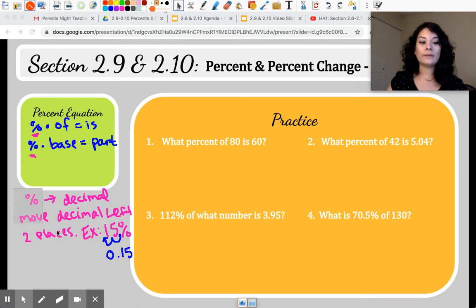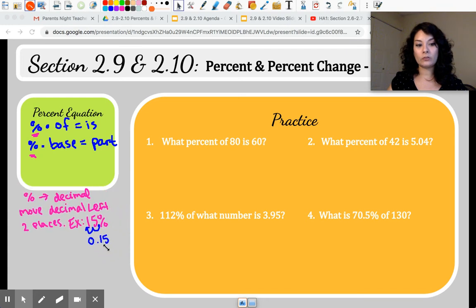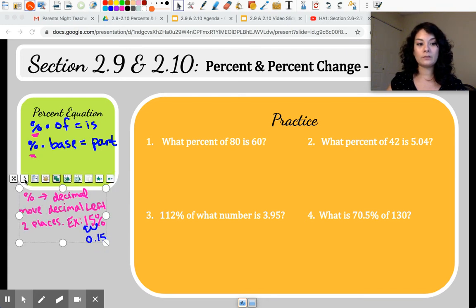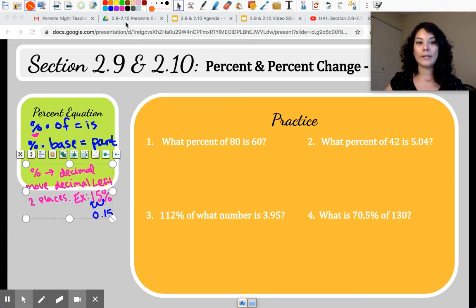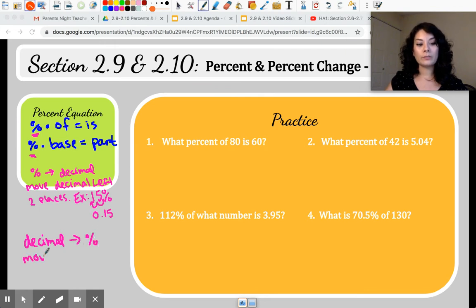If you were going the other way, let me just shrink this and move it a little bit. If you were going the other way and you were converting a decimal to a percent, you would move the decimal to the right 2 places.